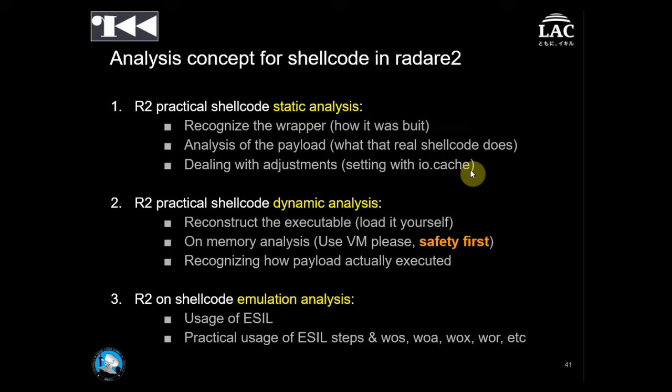And there is a practical shellcode analysis in Radare2 with dynamic analysis, which reconstructs the executables, and you can load it by yourself. This can be done after you regenerate the shellcode with any kind of wrapper that you already provided, and try to run it.